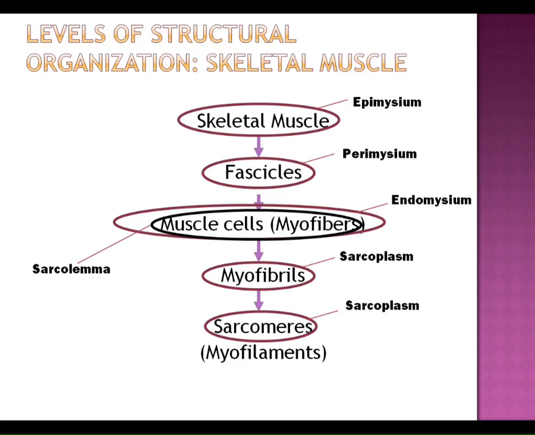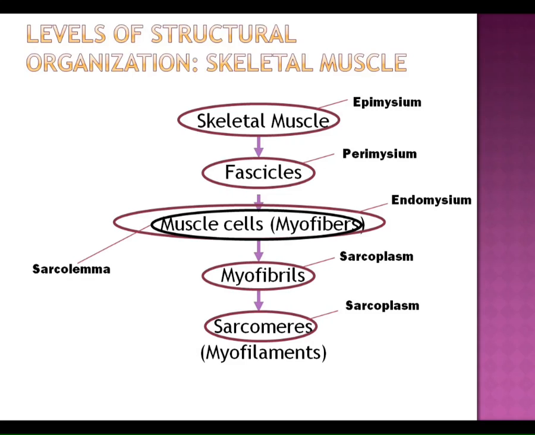So know it from top to bottom, bottom to top. If we go the other way, myofilaments group together to become myofibrils. Myofibrils group together to become cells. Cells make fascicles. Fascicles make muscle. That's up and down. You've got to know it backwards and forwards.